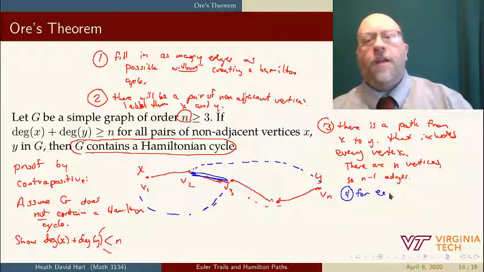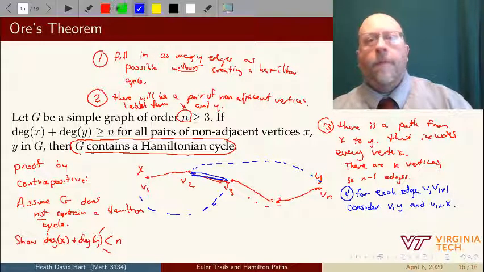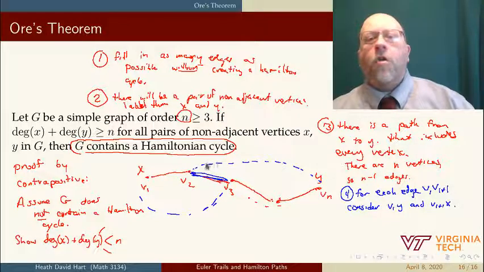For each edge vi, vi plus 1, consider vi to y and vi plus 1 to x. I'm going to argue that both of these edges cannot exist in the graph. One of them could, maybe neither of them, but they both cannot exist.